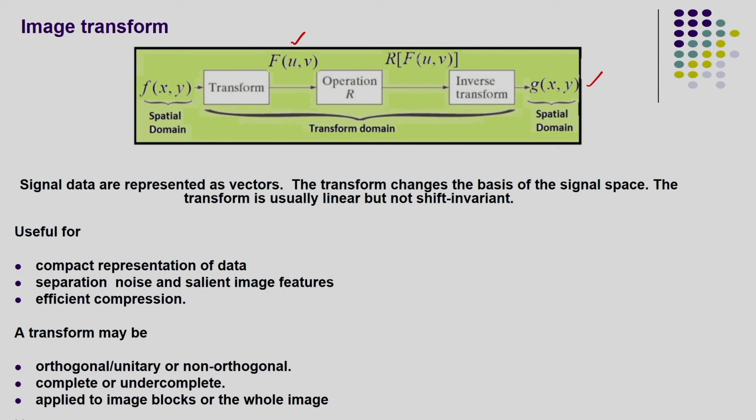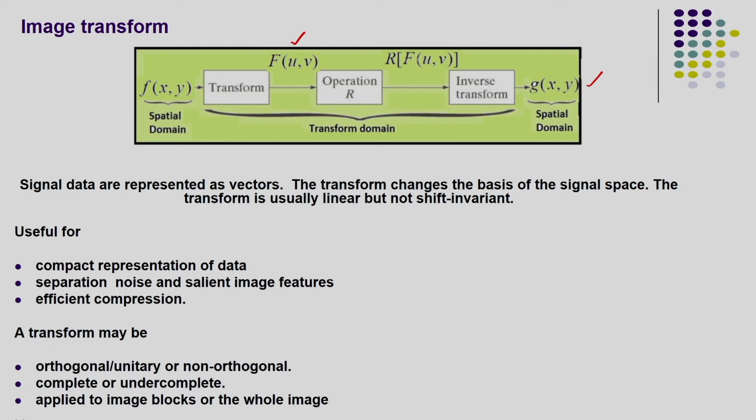It is also useful for image compression, because we only consider the few coefficients which are more important, and neglect the remaining coefficients. Like this we can do the image compression.